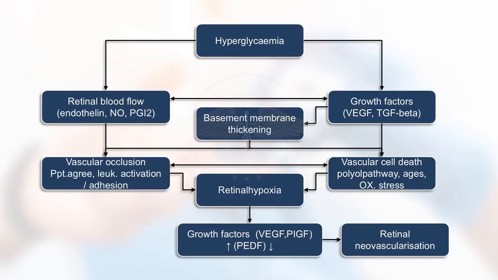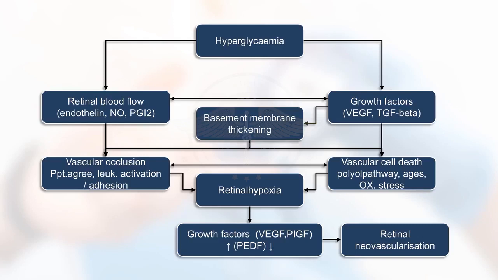So let us go to hyperglycemia. If there is hyperglycemia, the retinal blood flow is reduced and growth factors, that is vascular endothelial growth factor and TGF beta, are increased, and there is basement membrane thickening because of the increased vascular endothelial growth factor, and there is vascular occlusion because of the decreased retinal blood flow.